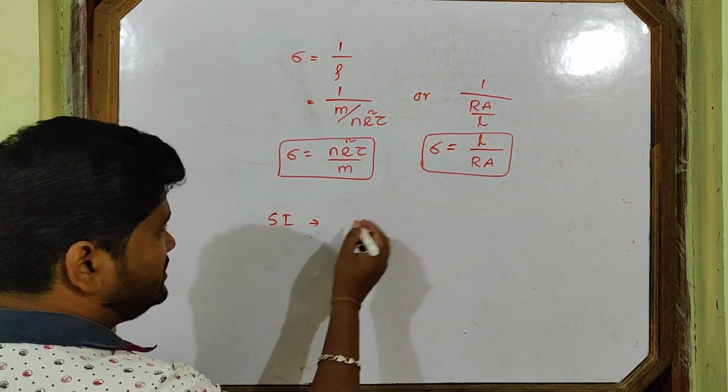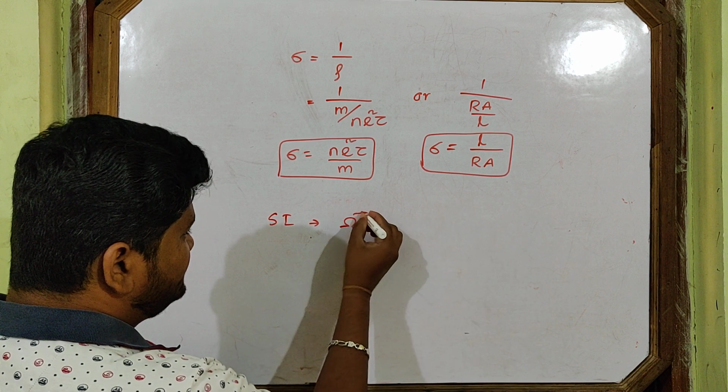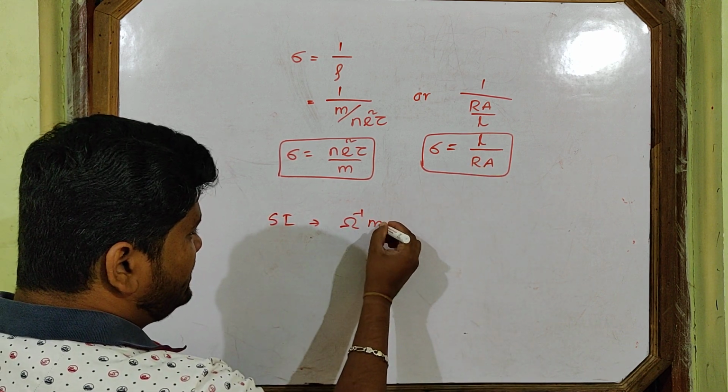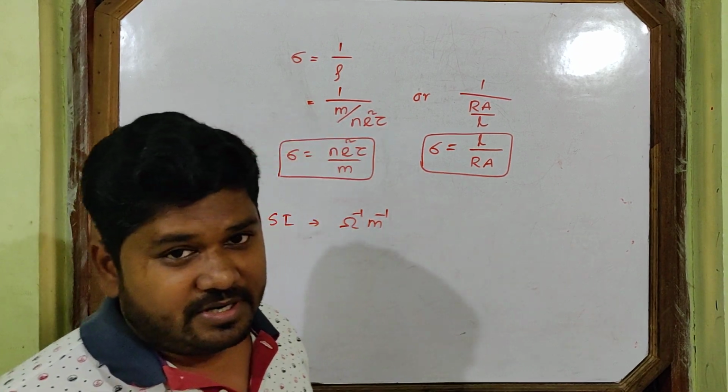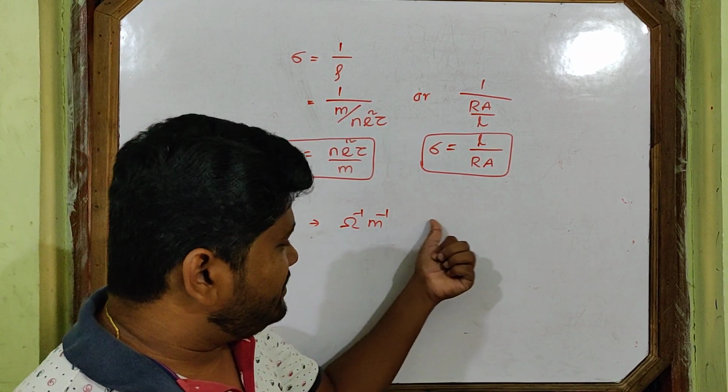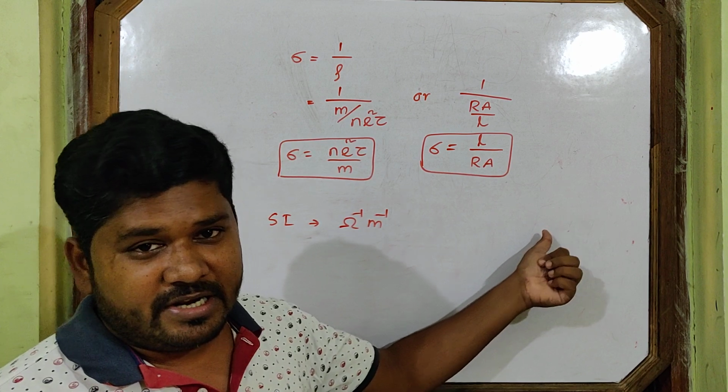The SI unit is ohm inverse meter inverse, or in place of ohm inverse you can write Siemens per meter, or mho meter inverse.